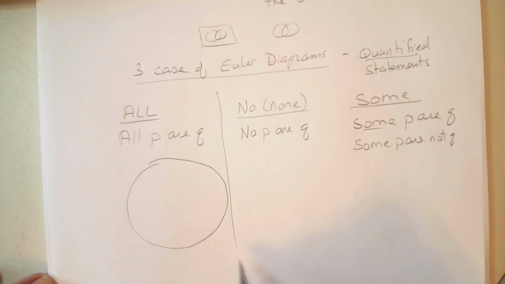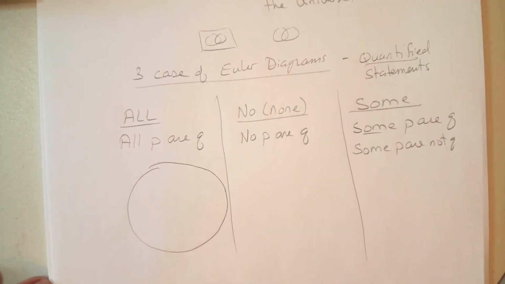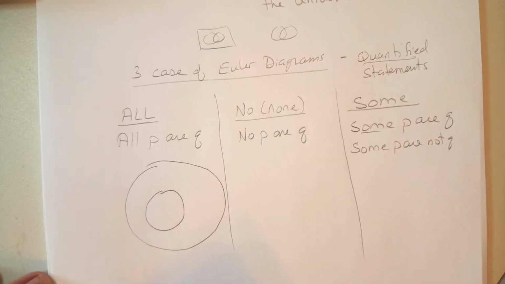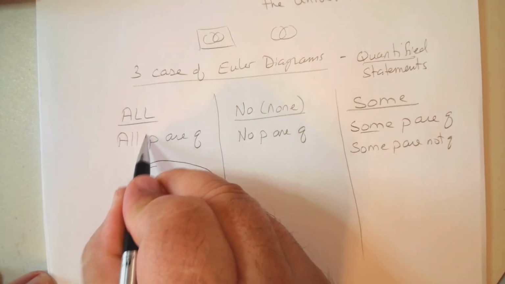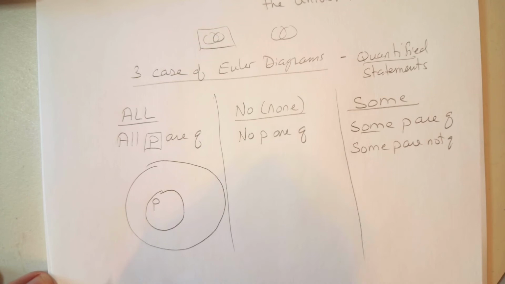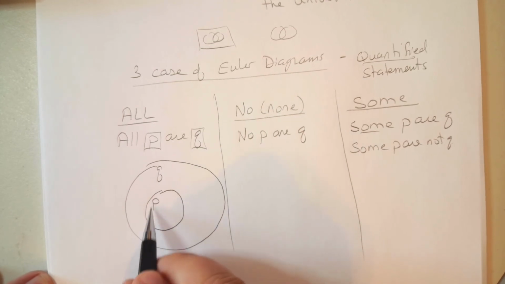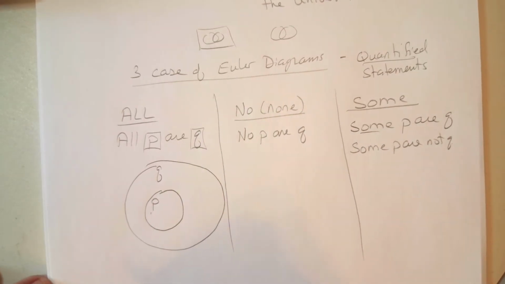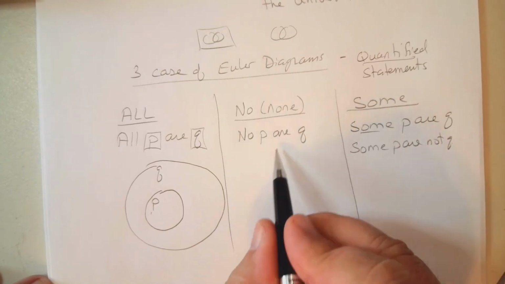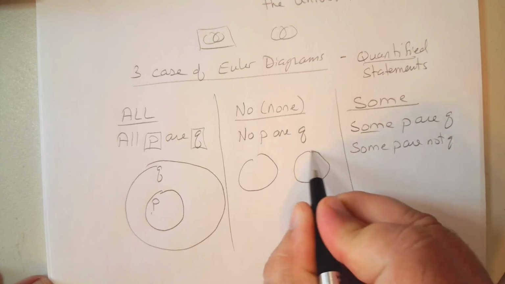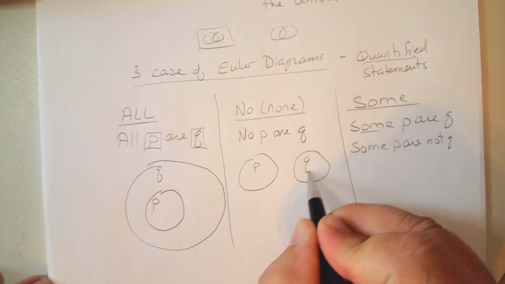In the all statement, you have one inside the other. So whatever the first one is goes inside, the innermost circle, and the outermost circle, so all P are in Q. If you have the no statement, then you have two disjoint diagrams.